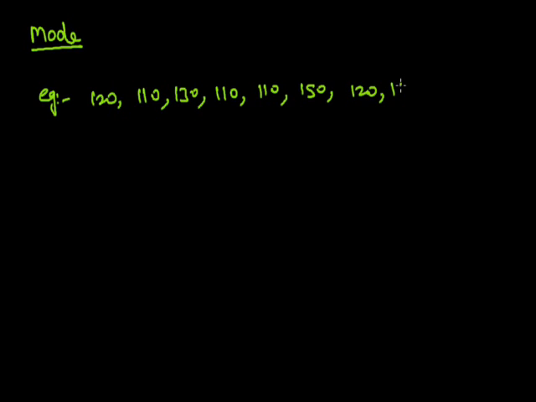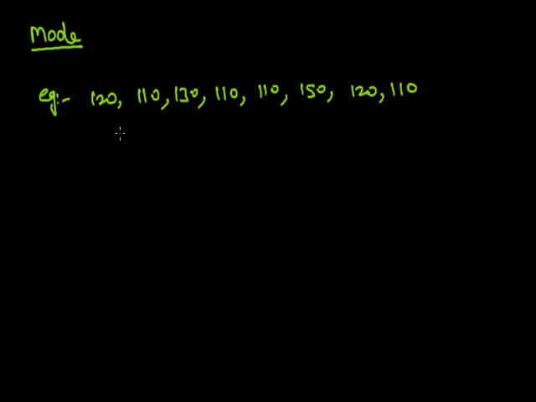So whenever the observations are given, we need to find out which observation has the maximum frequency. That observation will become the mode of all the given data. Suppose we take an example: 120, 110, 130, 110, 110, 150, 120 and 110.